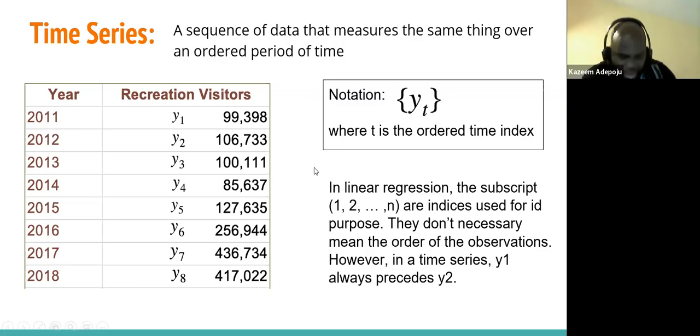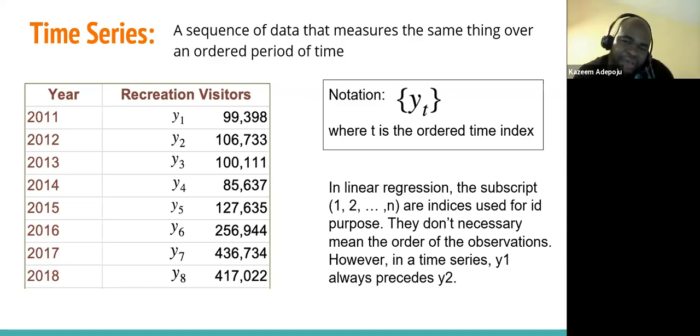A quick reminder of what you did. Remember what we did on linear regression. In a simple linear regression, we look at the effect of one predictor on a response. But in linear regression, the subscripts 1 to n are indices used for labeling purposes.